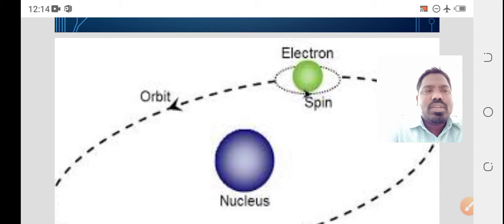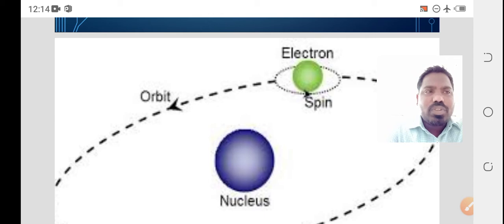We already discussed that an atom consists of electron, proton, neutron. Here the nucleus is assumed as a combination of proton and neutron. In the nucleus, proton and neutron both are present.